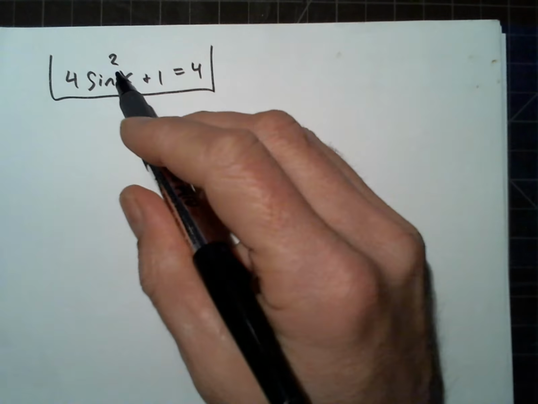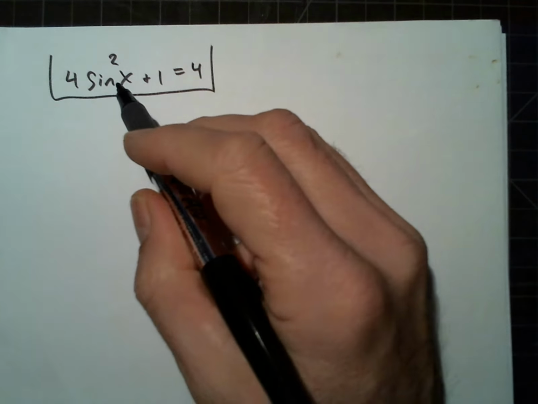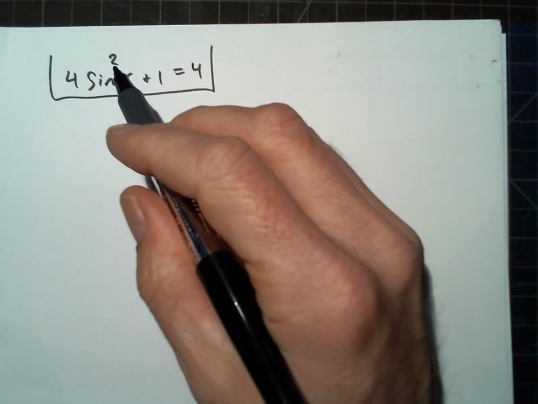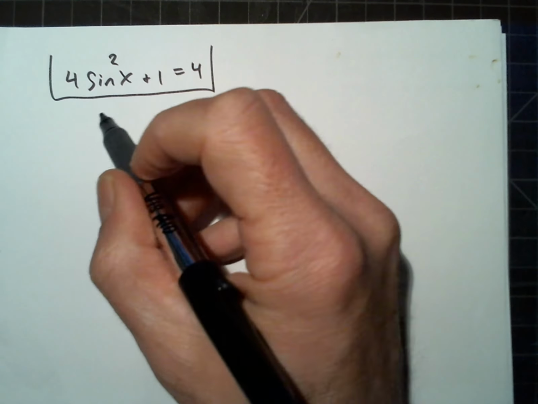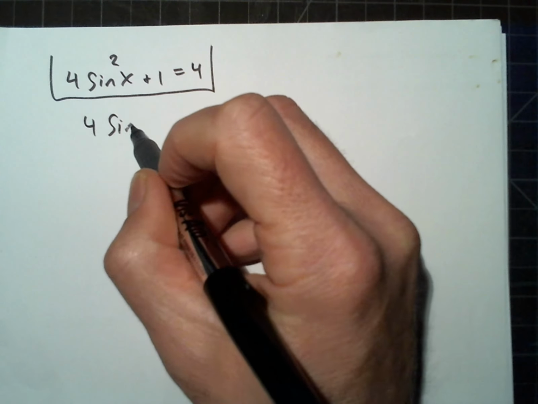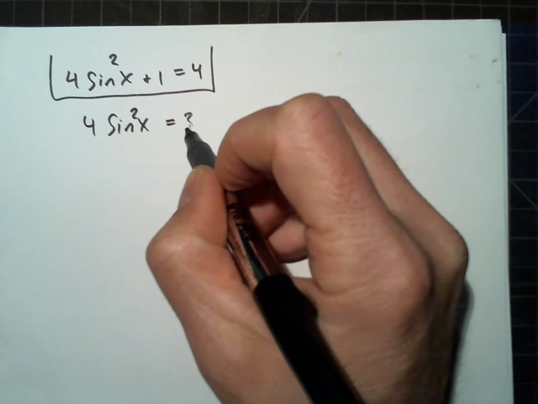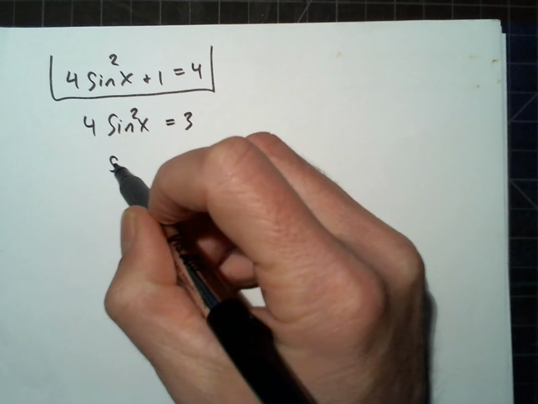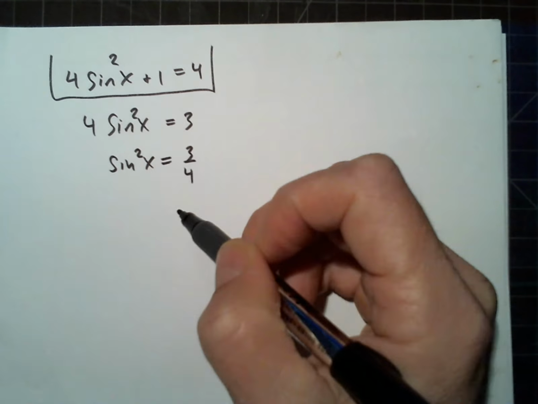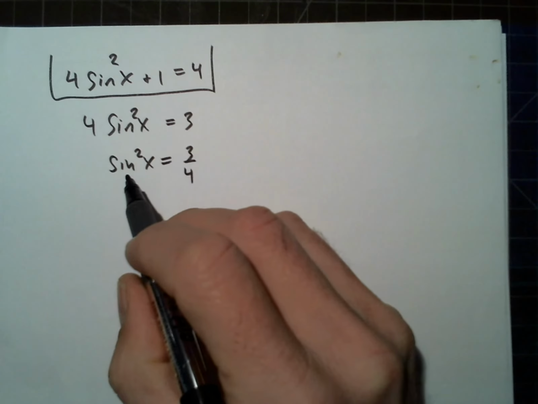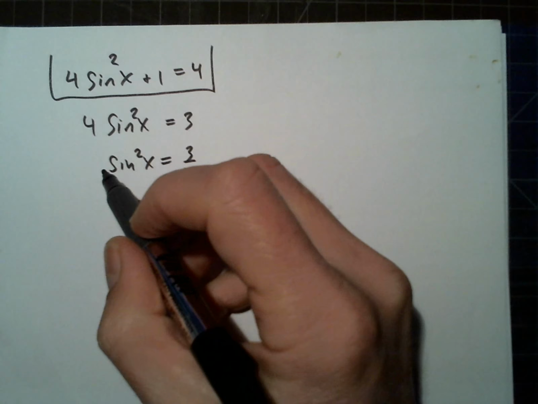Now we have sine squared, so we're still going to isolate sine, but then we'll use square root to cancel the square. Let's subtract 1 and divide by 4. We need to get sine by itself, so now we're going to do the square root.